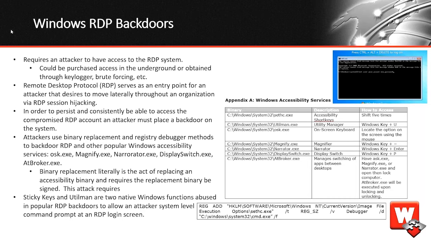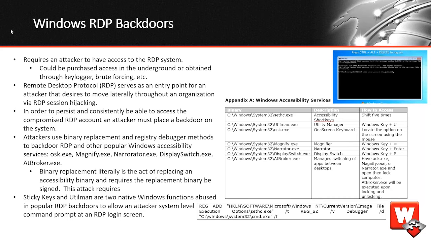Attackers use either binary replacement or registry debugger methods to backdoor RDP and other popular Windows services, accessibility services as well, like osk.exe, magnify.exe, narrator.exe, displayswitch.exe, and atbroker.exe. sethc.exe, which stands for sticky keys, and utilman.exe are also two popular accessibility backdoors.